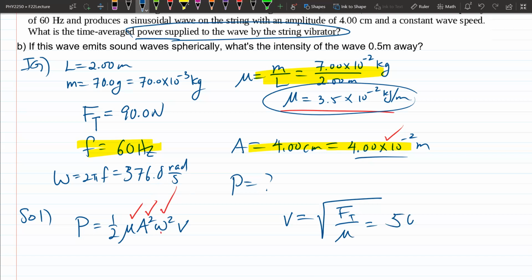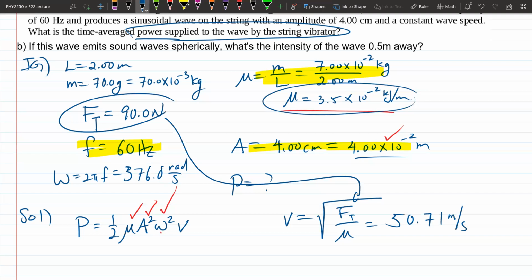I got 50.71 meters per second. Plug this number over here and that number over here. All right, so now we have everything we need. Let's do that red check too. So we can actually calculate the power.